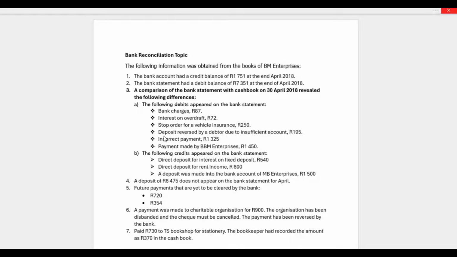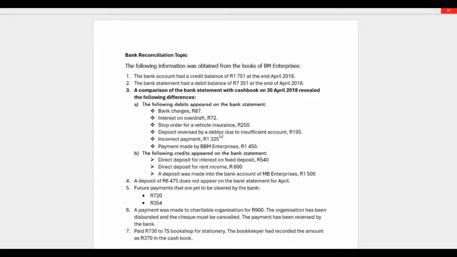And then bullet number 4, they say deposit reversed by a debtor due to insufficient funds, 195. So it means the debtor came and paid, but whenever the business goes to the bank to get money, we find that there's no money. Maybe the debtor paid with a check, and when we go and cash in the check to get money, we find that there's no money there.